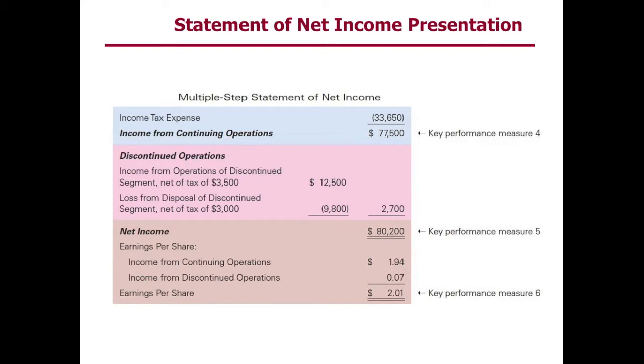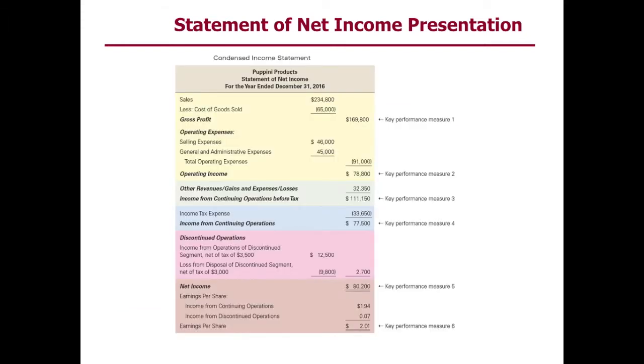So oftentimes, due to this large multi-step income statement that carried forward on another page, companies use what's called a condensed income statement. This allows companies to see what's most important to their discussion at the time. Now, you can see, for example, other revenues, gains, and expenses and losses have simply been grouped together into one line item.